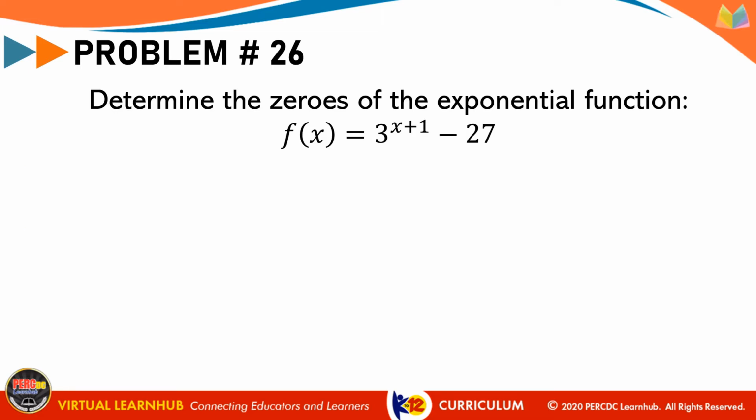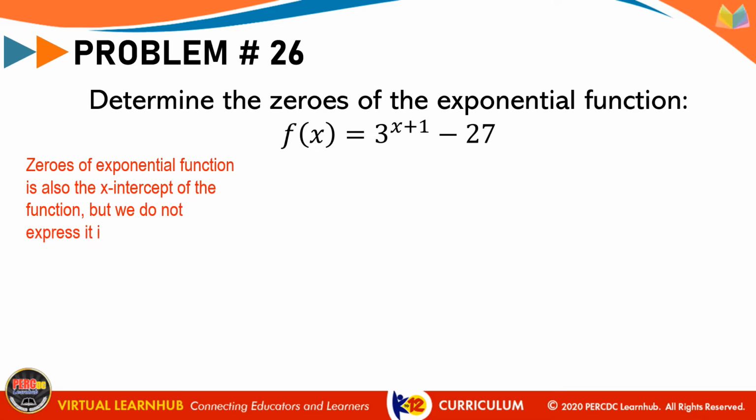Problem number 26. Determine the zeros of the exponential function f of x equals 3 raised to x plus 1, minus 27. Again, the zeros of an exponential function is similar to the x-intercept, but we do not express it in point form; instead, we just get the x value. So we let f of x be equal to 0 and then solve for x.